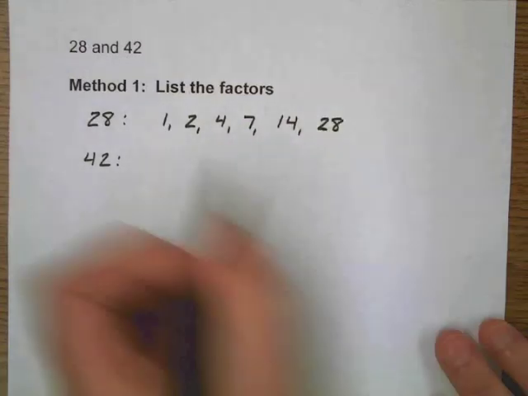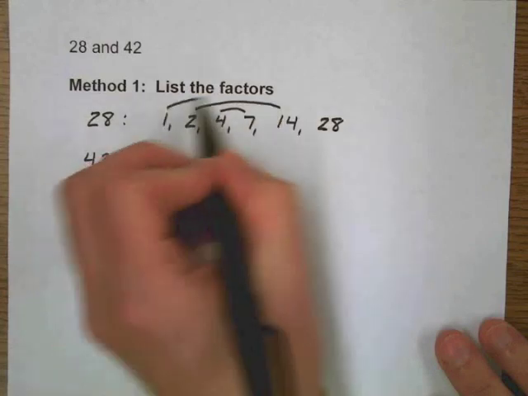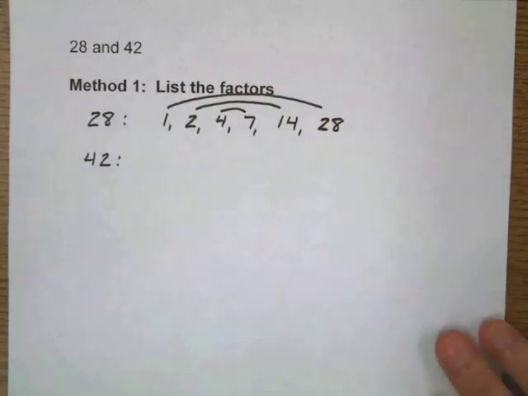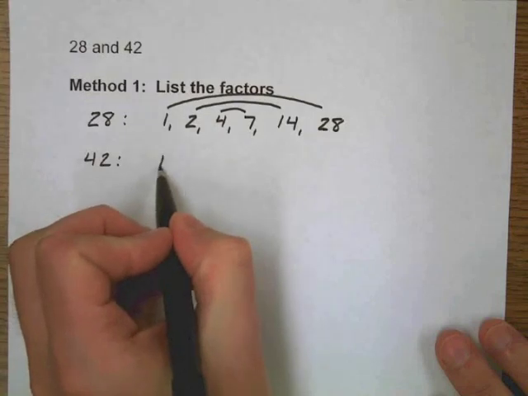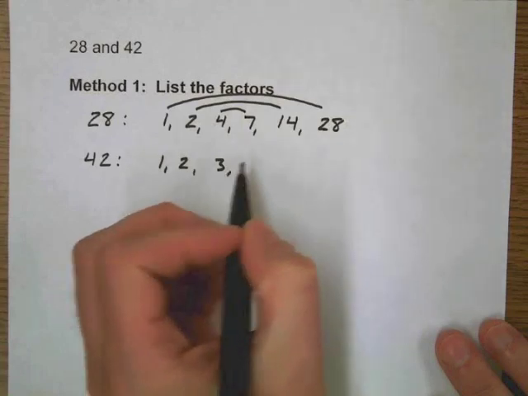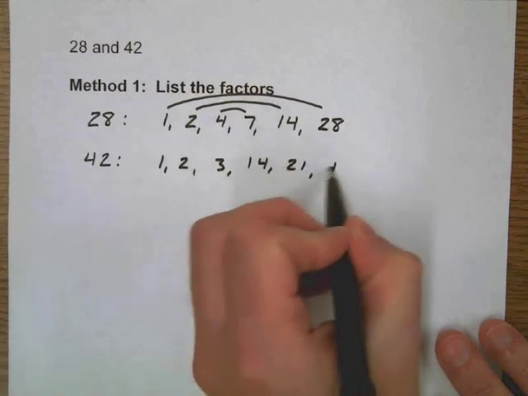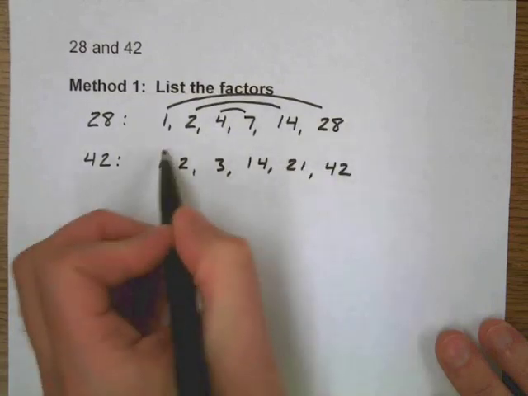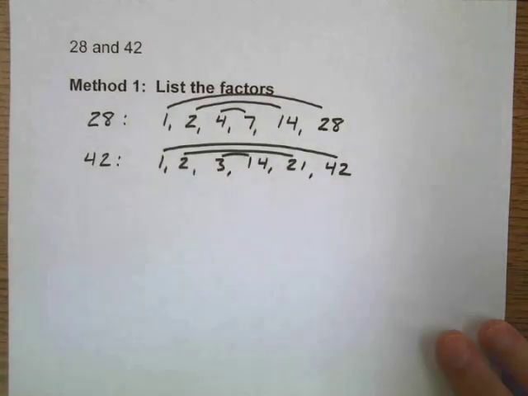And I can even double check, make a little factor rainbow of those as well. And my factors of 42: 1, 2, 3, 14, 21, and 42. And 1 and 42, 2 and 21, and 3 and 14, another little factor rainbow.